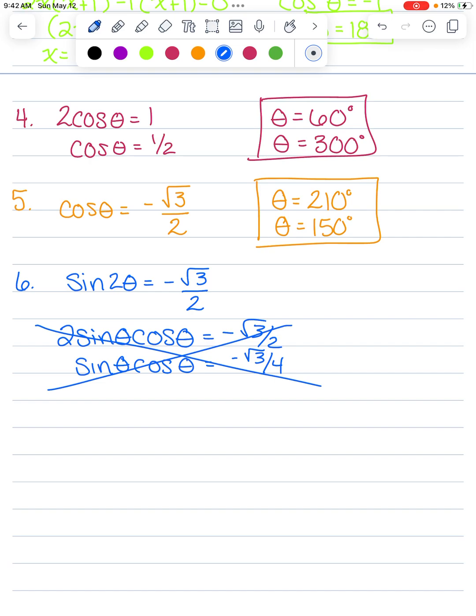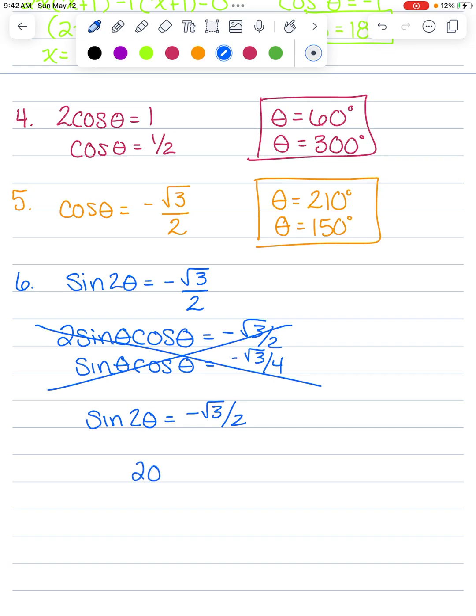You can kind of do a guess and check of when the product of those two is a -√3/4. But it's easier instead to continue to work with the sine of 2 theta because it is the only angle there, so it's not terrible to work with. In order to do it, you have to recognize a couple things. First off, you can do inverse trig right away. It works.